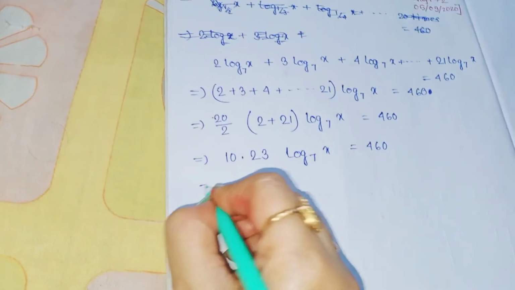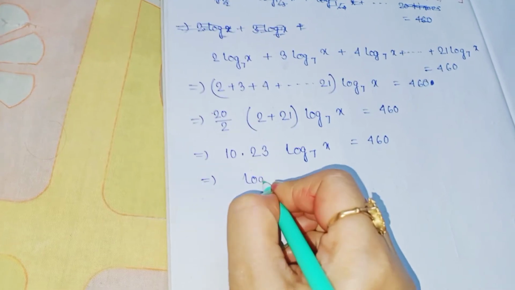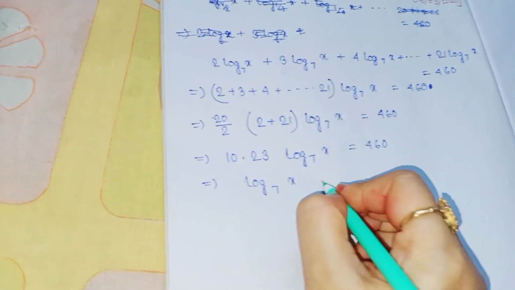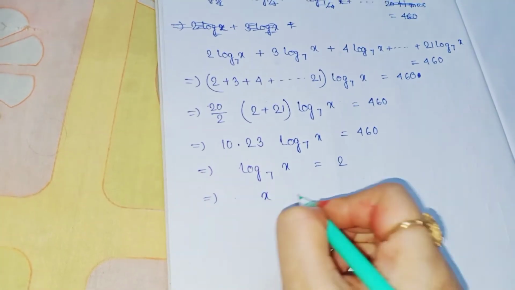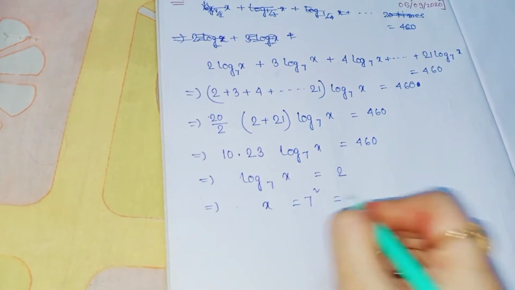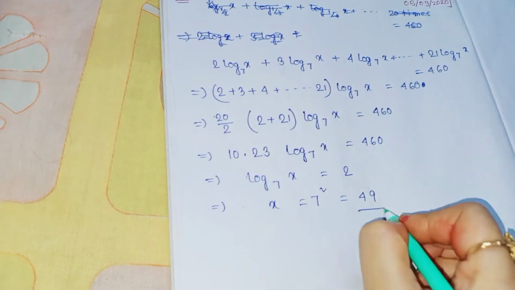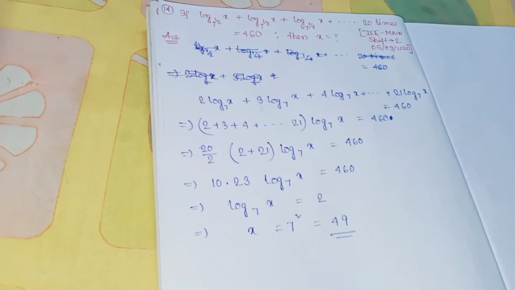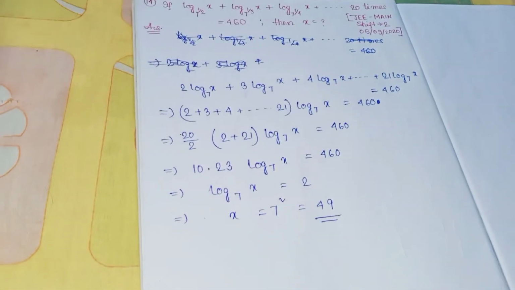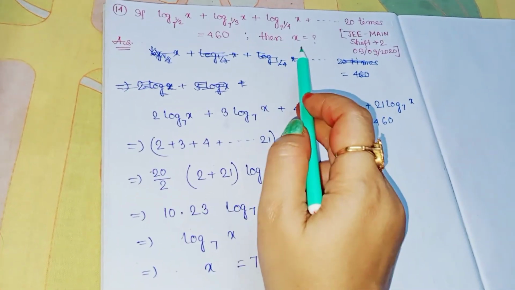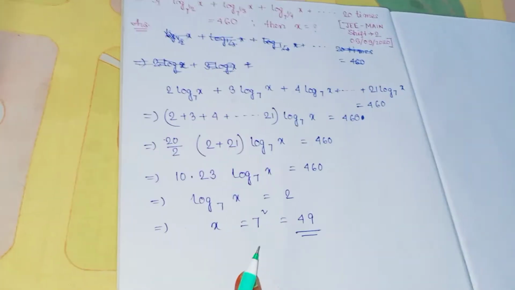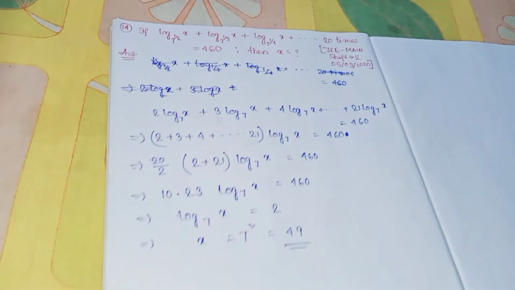So here we get log of x base 7 is equal to 2. That implies x is equal to 7 square, that is 49. So this is our required answer. The question asks the value of x, so x is equal to 49.